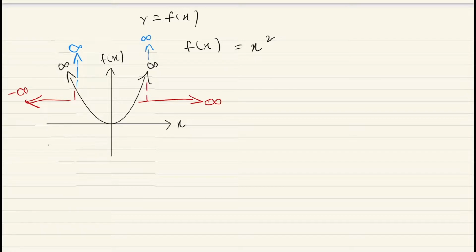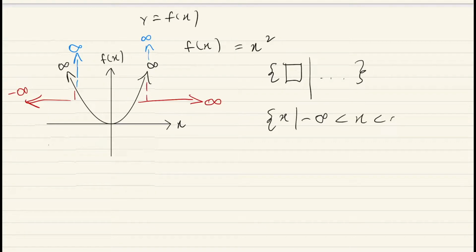In set builder notation, you write curly brackets first, then the variable you're dealing with, a straight line, and then the set of values. So let's take x for example. We write the variable x, a line, and then negative infinity less than x less than infinity.